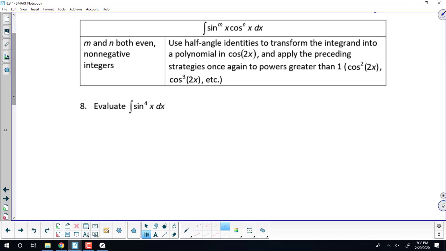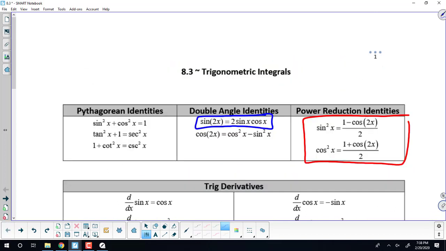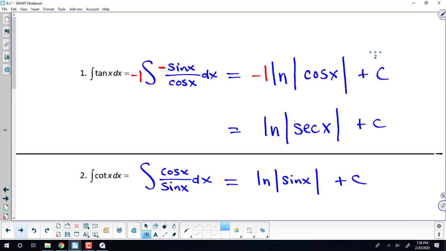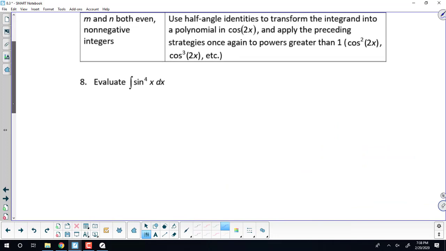As far as sine being even by itself, or cosine being an even power by itself, we're going to use those identities on that first page that we haven't read here. If it's to the 4th, we'll use that identity twice. If it were to the 6th, we would use that identity 3 times, and so forth. So we're going to look at the antiderivative of sine to the 4th.